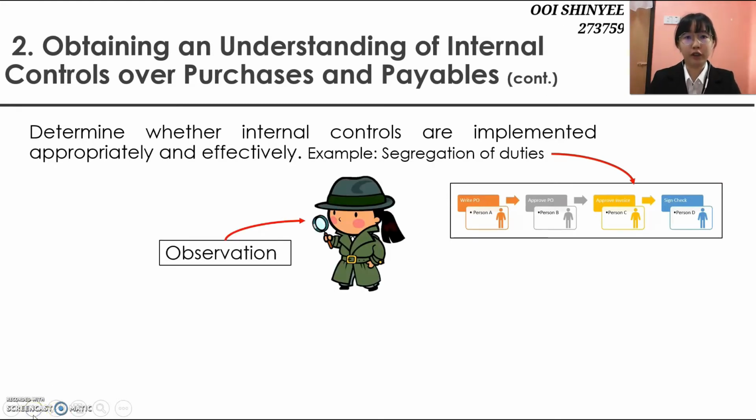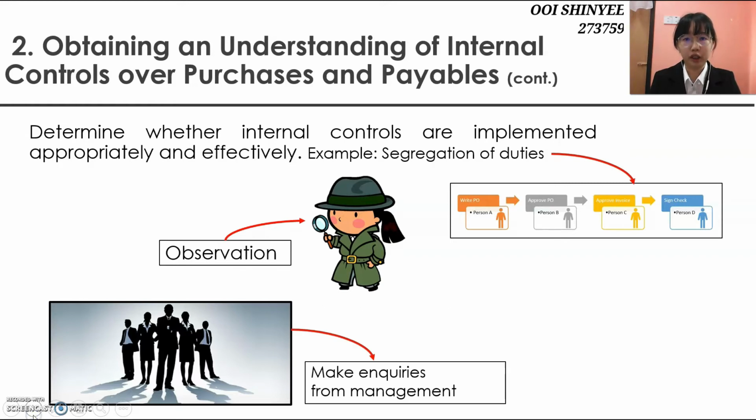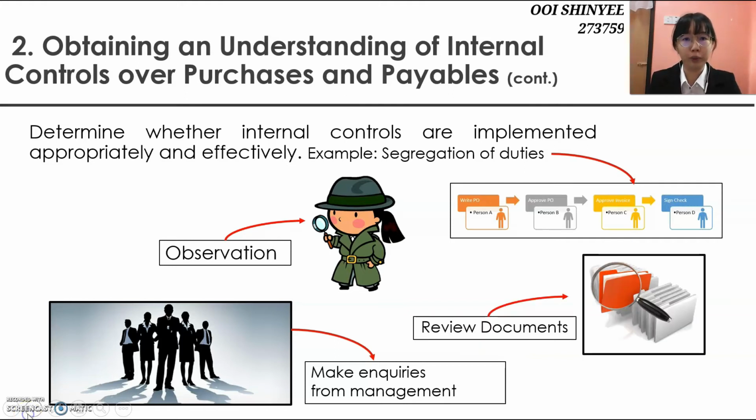Observation or making enquiries from the management to seek further details can be done by the auditors too. Besides, auditors can also review documents such as purchase documents to determine whether the sequence of pre-numbered documents is appropriately recorded, or whether the monthly reconciliation between detailed records of accounts payable and the general ledger control account is performed to prevent any unreconciled balances.